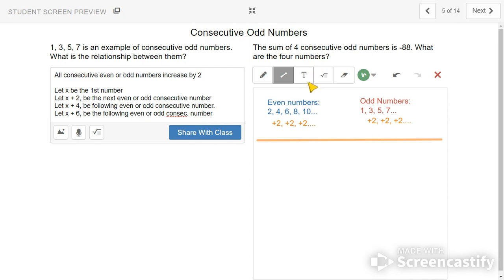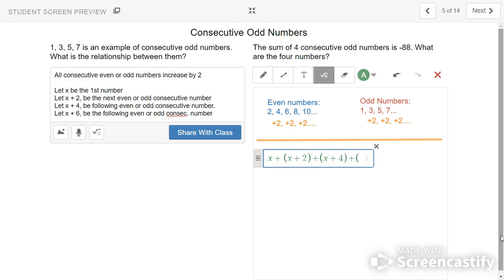Let's add them together. So I have x plus my second number, x plus 2, plus my third number, x plus 4, plus my fourth number, x plus 6. All of that adds up to negative 88. Let's simplify, take them all out of the brackets, and collect our like terms.